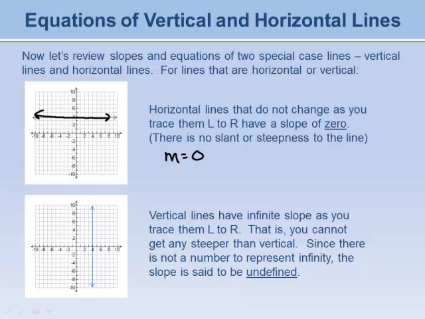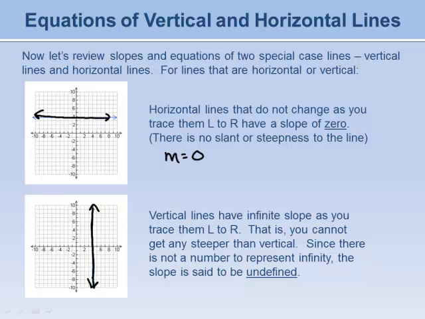It doesn't go uphill, it doesn't go downhill, it stays level for any horizontal line. Vertical lines have infinite slope as you trace them left to right. Now, left to right is kind of hard to do because in a vertical line, there is no left to right movement. It's all up or down movement. If you're thinking about slope in terms of slant or steepness, you cannot get any steeper than vertical. You can't get any steeper than straight up or down.